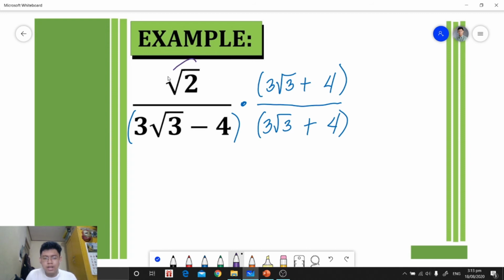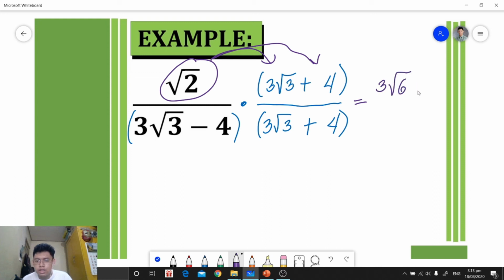So for the numerator, we will apply distributive property. So we will have 3 square root of 6 plus 4 square root of 2. Then for the denominator, instead of using the FOIL method, we're going to apply multiplying conjugates.